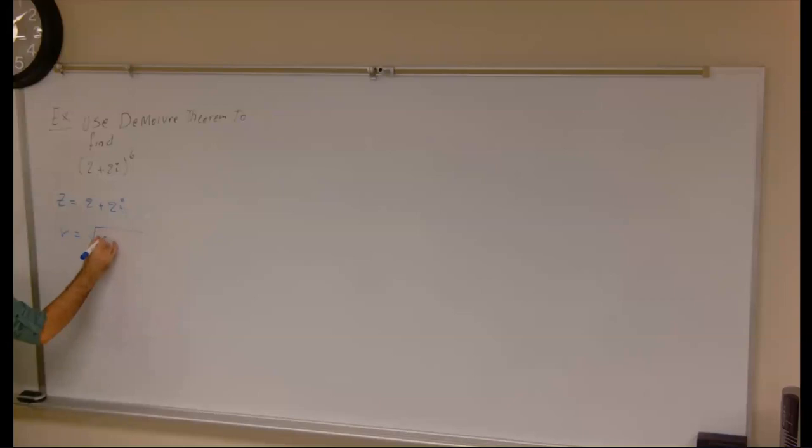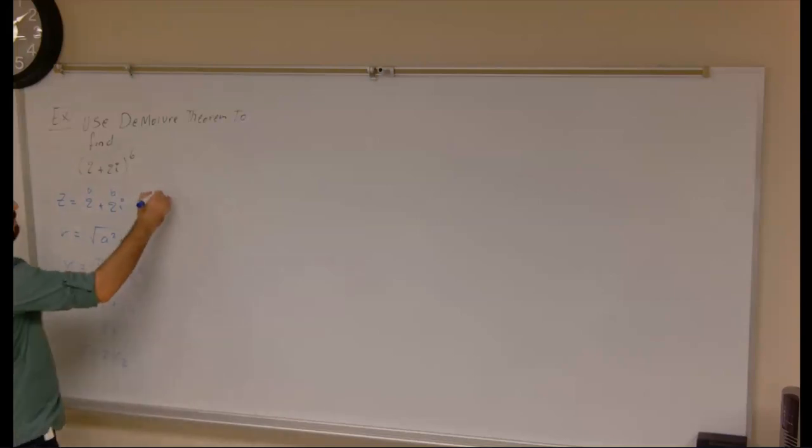A squared plus b squared. That means r is going to be the square root of 2 squared plus 2 squared, square root of 4 plus 4. So r is going to be square root of 8, so r is going to be 2 square root of 2.